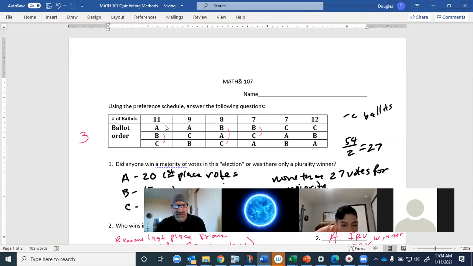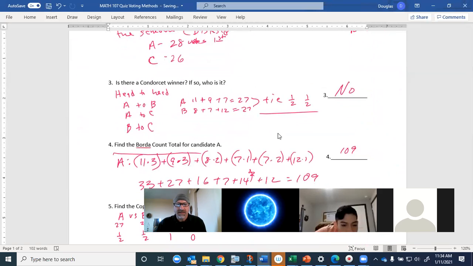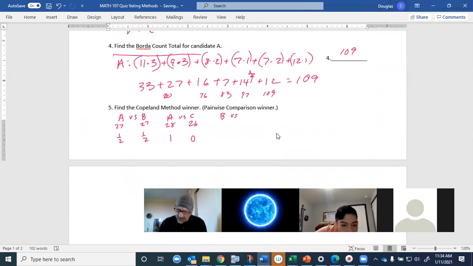So B beats C 11 plus 8, which is 19, plus 7, which is 26. So if we go down here, B would have gotten 26. Since there's 54 votes, we know that C would have to have 28. So B would get 0 here, and C would get 1 here.